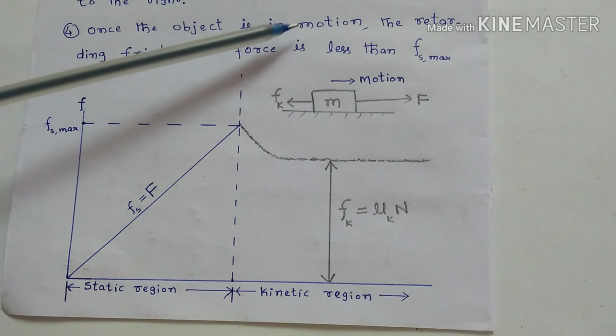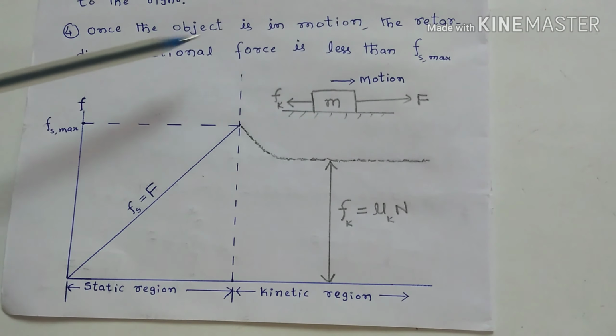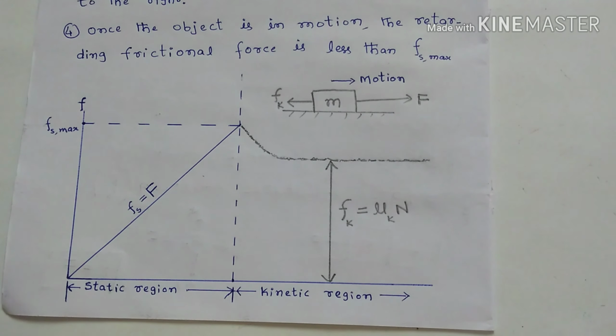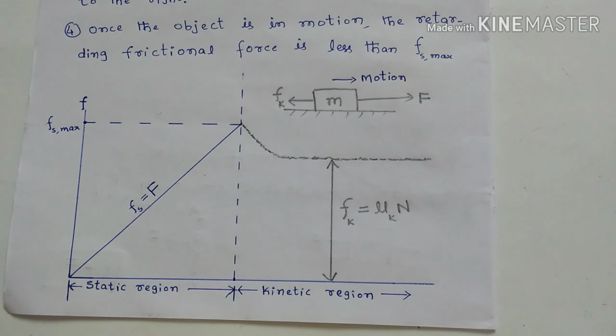Once the object is in motion, the retarding frictional force is less than the maximum force of static friction. Carefully observe what I am telling. Once the object is in motion, kinetic friction comes into the picture. The force of kinetic friction is less than the force of static friction.